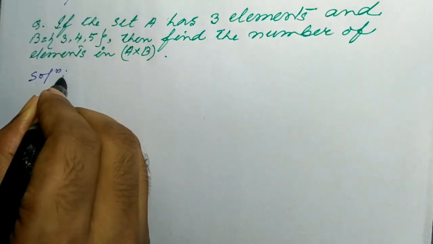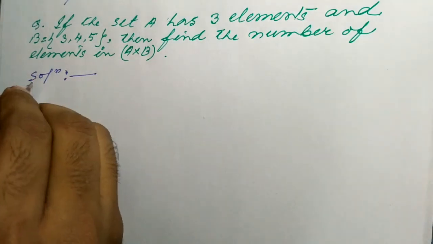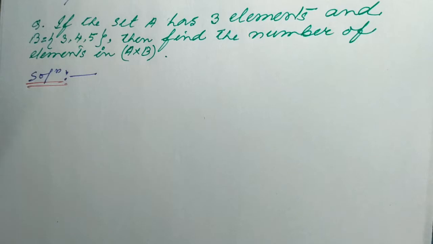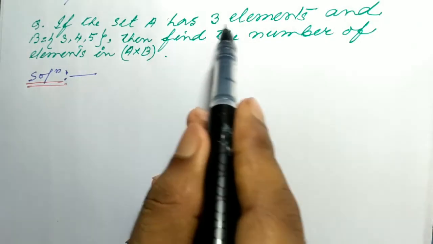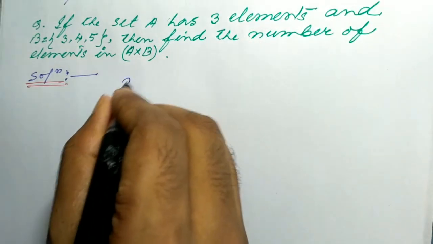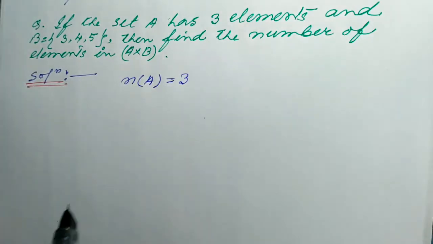Solution. Here it is given that set A has 3 elements, so the number of elements in set A equals 3.